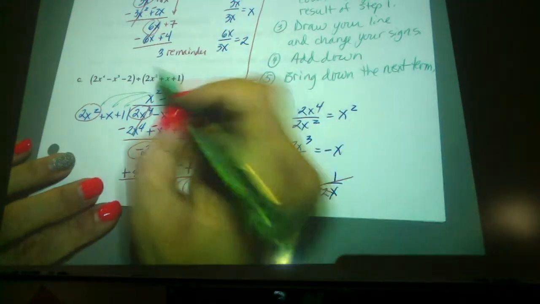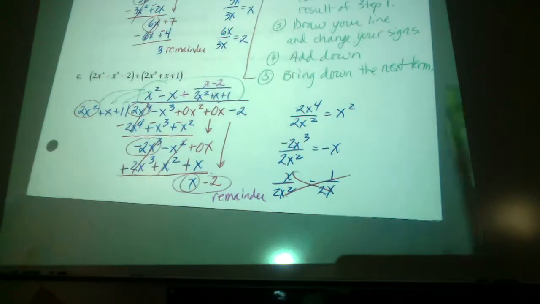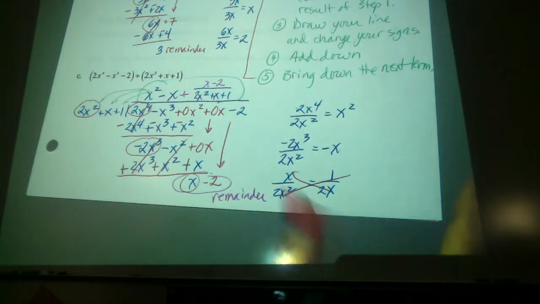So this entire answer right here, including the remainder, is your quotient. Polynomial long division is very easy to get messed up in. You've got to practice, practice, practice. So do not just guess and check on your math exam.